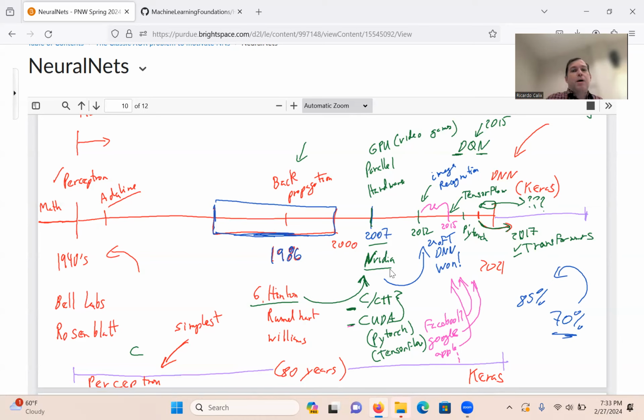However, during this time, between 2007 and 2012, and 2012 is the other key year, every year they had a competition called the ImageNet competition, where they had, back then, almost impossibly, 1.1 million images of things, and like 20 classes. I can't remember exactly. The task was simple.